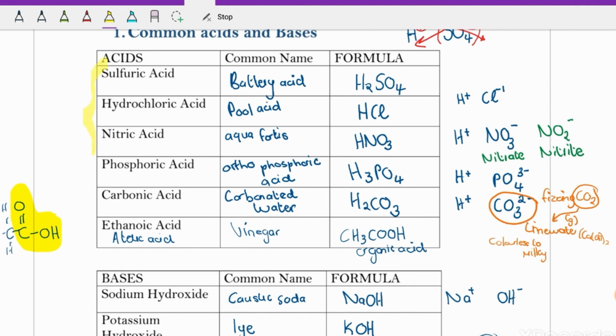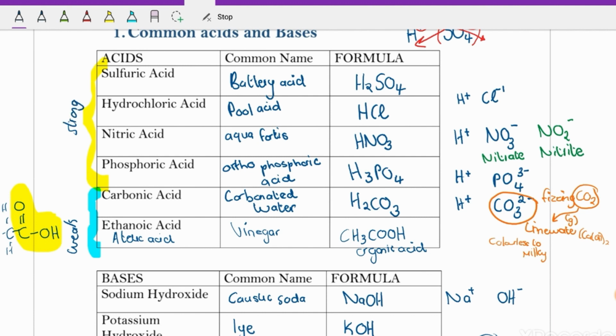So these acids would classify as being the stronger acids, which means they ionize more completely, and they will give away more hydrogen ions in solution, and therefore will have a lower pH, whereas carbonic acid and ethanoic acid will rather be your weak acids. And these are your strong acids.